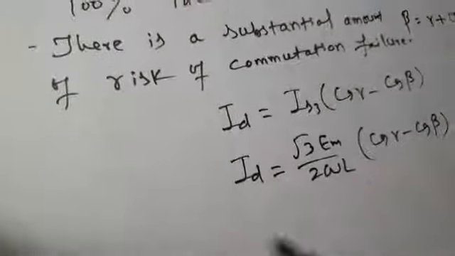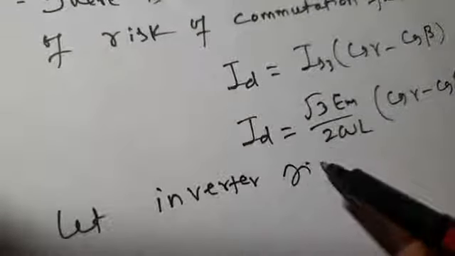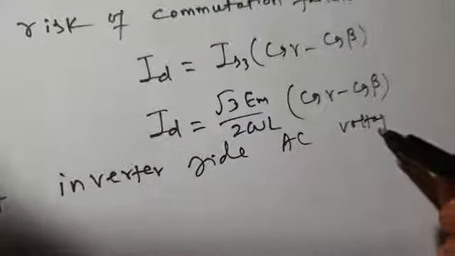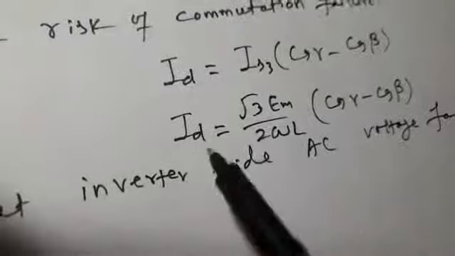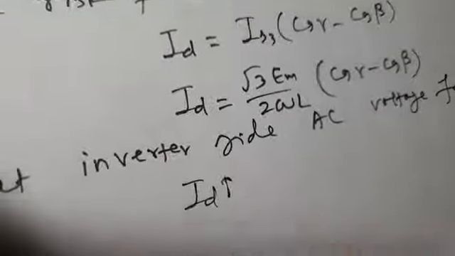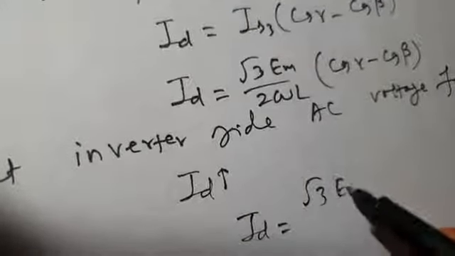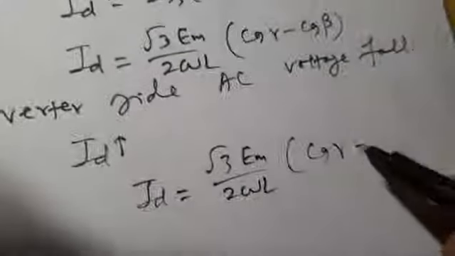So in this equation, let us suppose the inverter side AC voltage falls. When the inverter side AC voltage falls, your current ID rises. And ID is given by root 3 EM by 2 omega L times cos gamma minus cos beta.